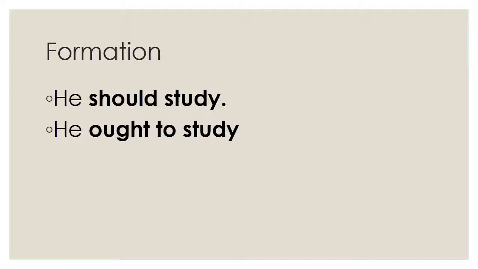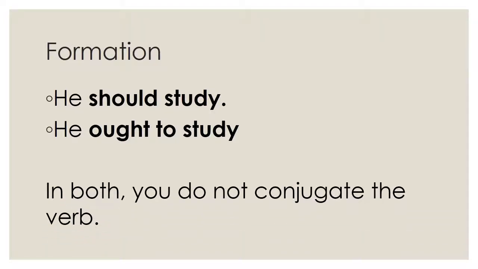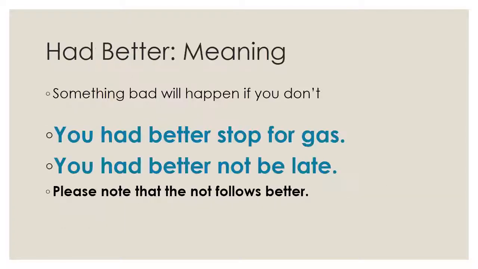He should study. The should is the modal. The study is left in that first person present tense form. He ought to study. Again, ought to comes together and the verb is not going to be conjugated. So we would never say he should studies or he ought to studies. It's staying in that first person present tense form. Again, in both you are not conjugating.